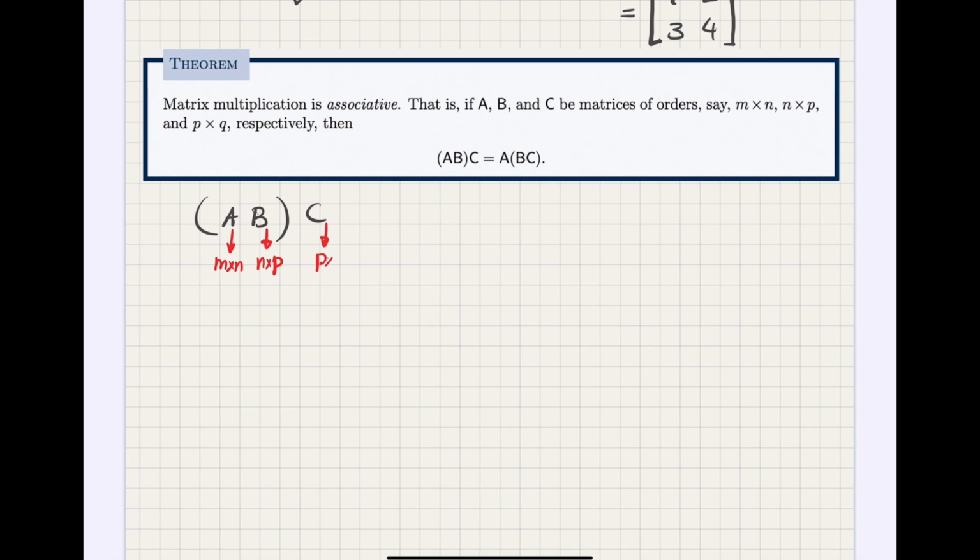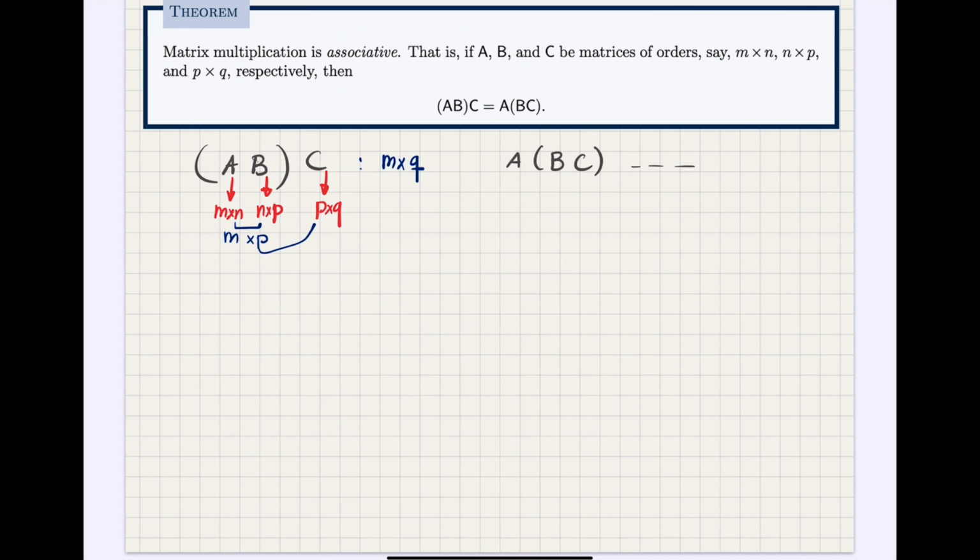It's P by Q. Okay, so this gives me N by P, and then these two are the same, so this will give me finally M by Q. And hopefully you agree with me, the same story is true for the right hand side. Yes, you can check it yourself. It's very simple. It doesn't matter how you prioritize them, the product would be at the end M by Q. So from the order point of view, everything works fine.